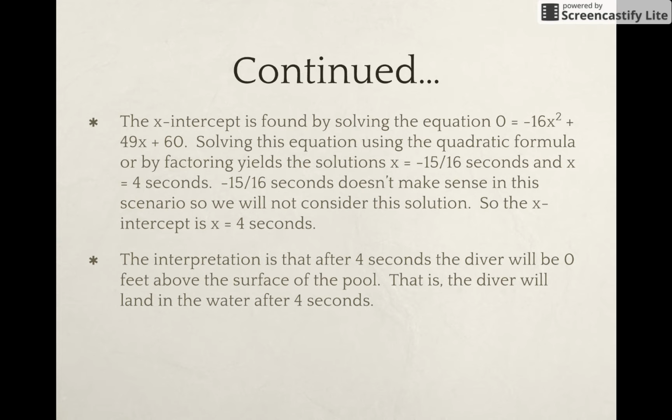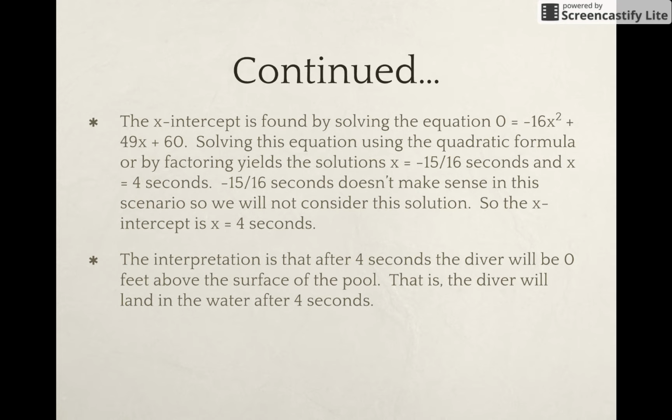The x-intercept is found by solving the equation 0 equals negative 16x squared plus 49x plus 60. That is, we're going to let the y value be 0 and find x. We can solve this equation using a variety of methods. One method would be the quadratic formula.